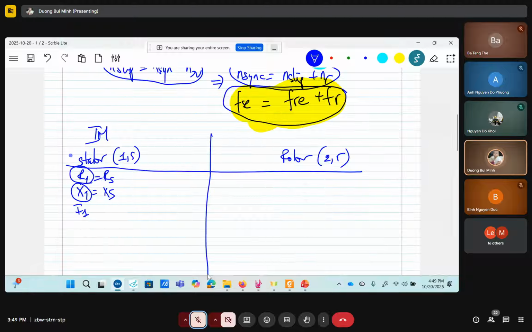We have I1, which is the phase current at the stator.